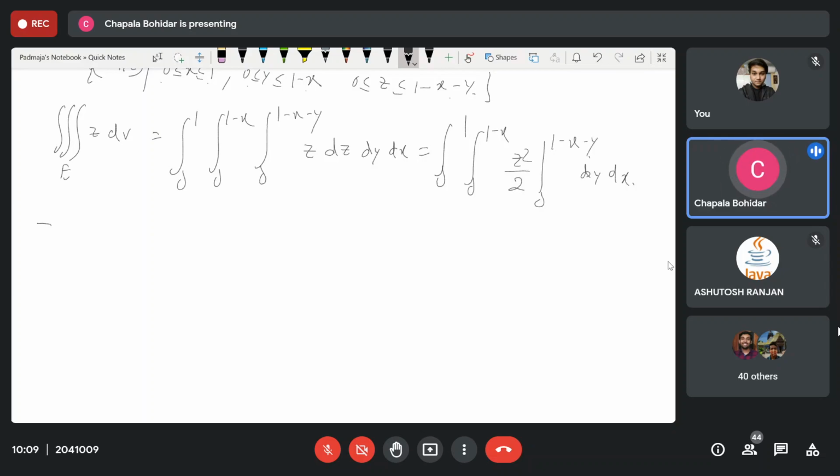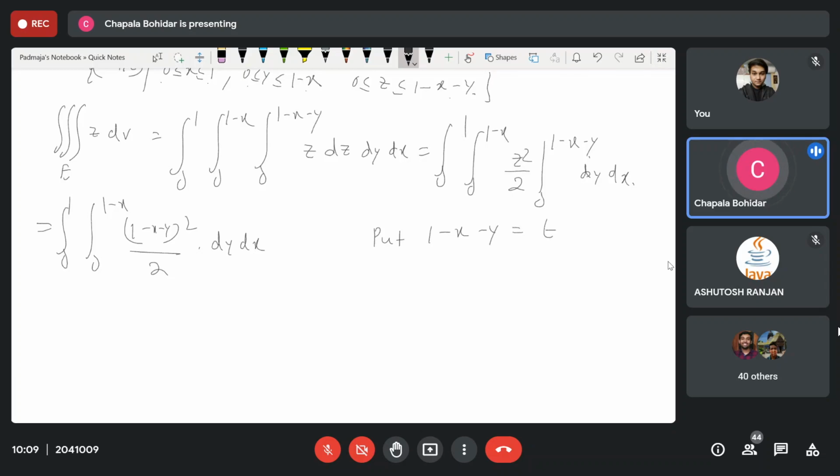So this is equal to now your value 0 to 1, then 0 to 1 minus x, 1 minus x minus y whole square divided by 2, then dy dx. Put 1 minus x minus y is equal to t.